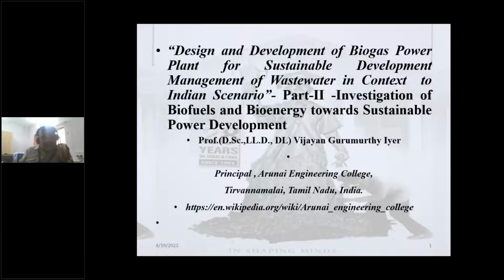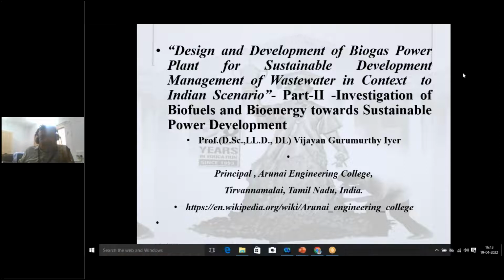Design and development of biogas power plant for sustainable development management of wastewater in context to Indian scenario. Part 2, investigation of biofuels and bioenergy towards sustainable power development.